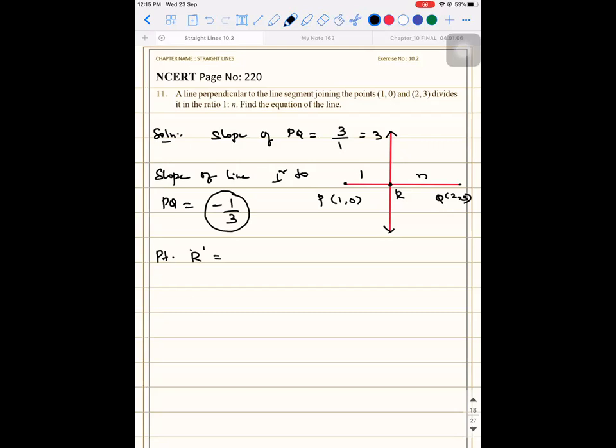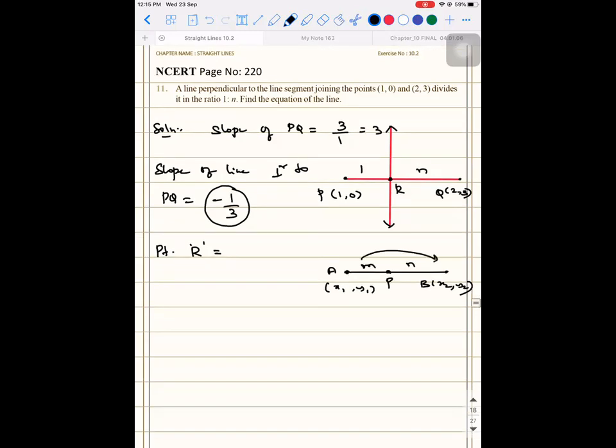So what is section formula, guys? It is m into x2 plus n into x1 by m plus n. Here m is 1. Right?